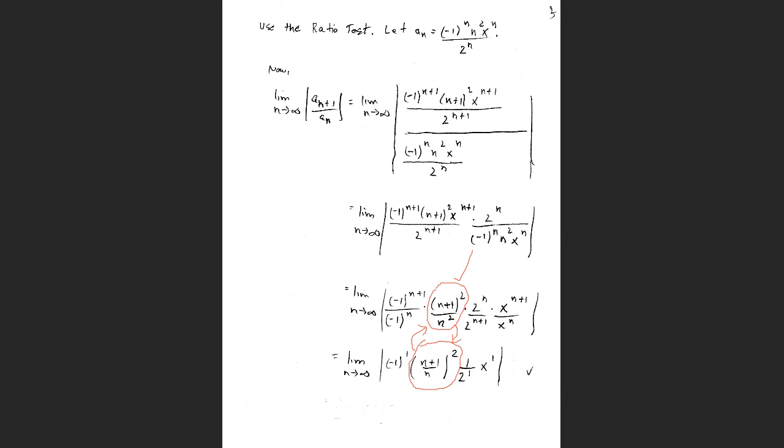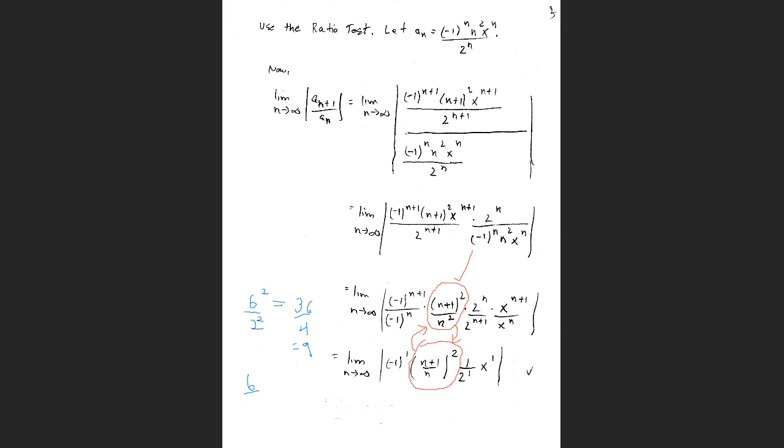Let me make an analogy here. Take 6 squared over 2 squared. Okay, let me maybe put this in blue, get used to my stylus here. 6 squared over 2 squared is 36 over 4, which is 9.